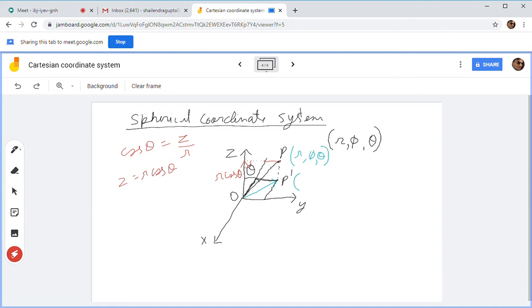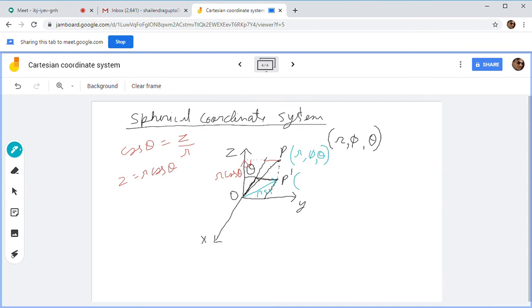This component is R sin theta. So let me write it. This is R sin theta.